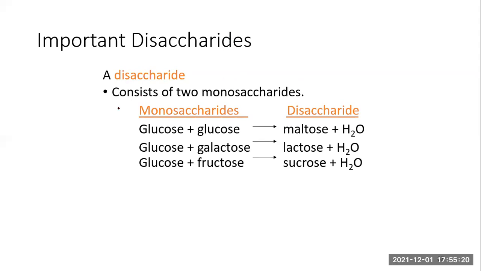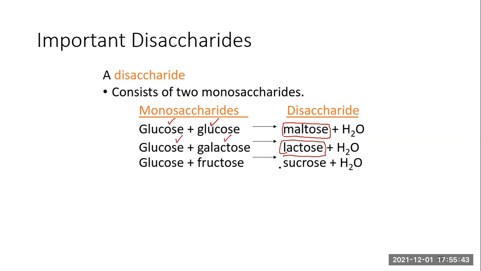Thing you do need to know is this. We're going to look at each of these individually in just a second, but you do need to know that the disaccharide maltose is made up of two glucose molecules. You need to know that lactose is made up of a galactose and a glucose.